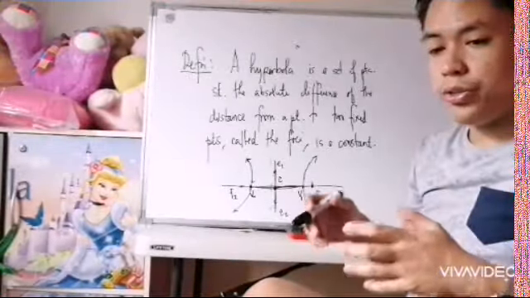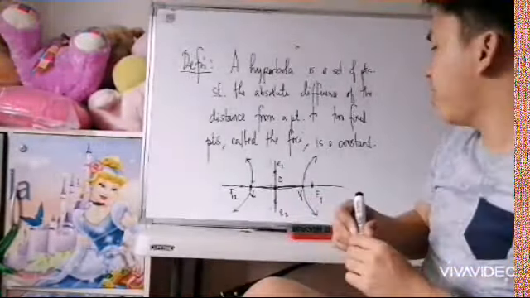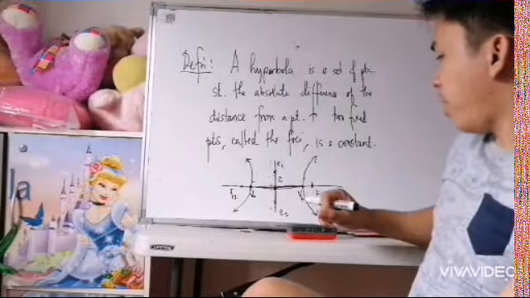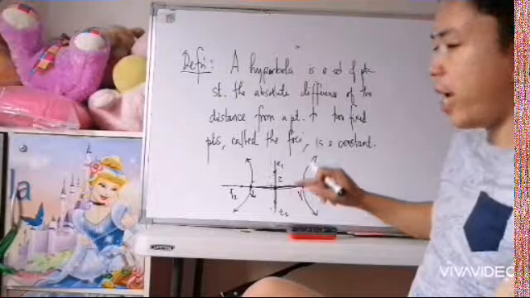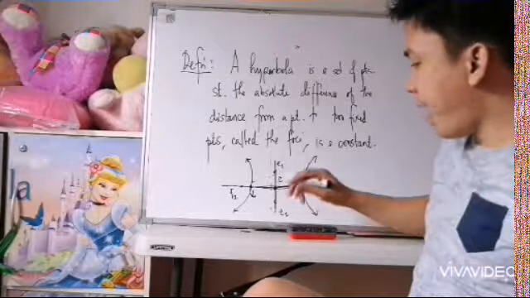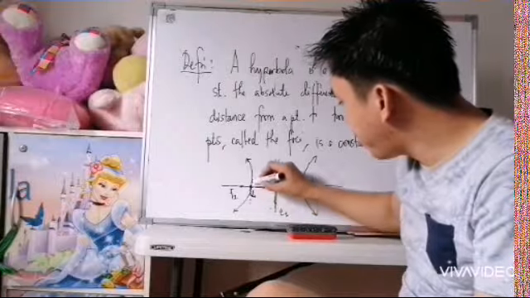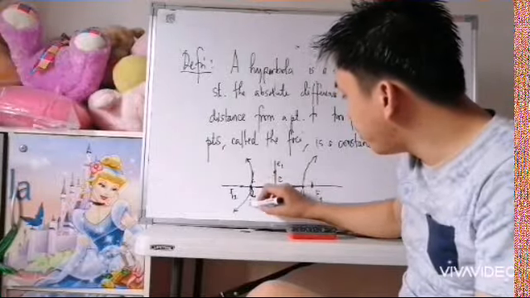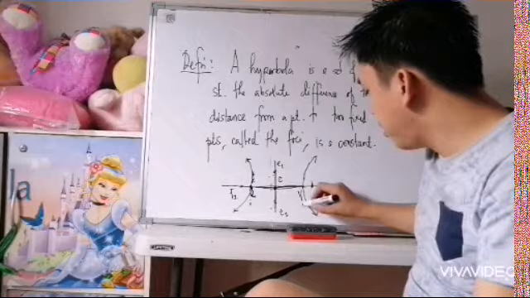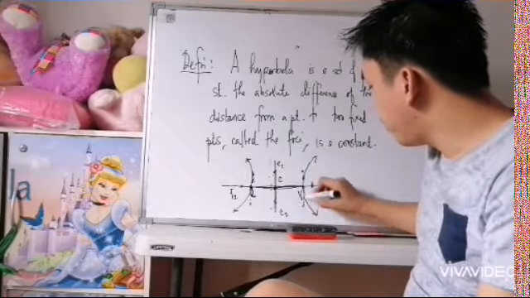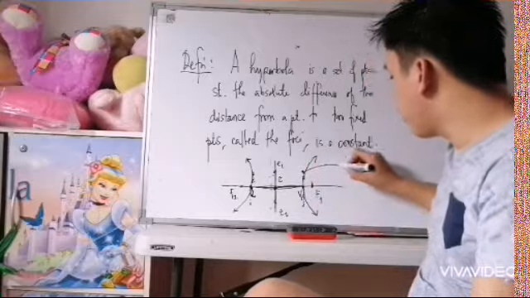Okay, there are two imaginary line segments parallel to the minor axis that pass through the vertices.